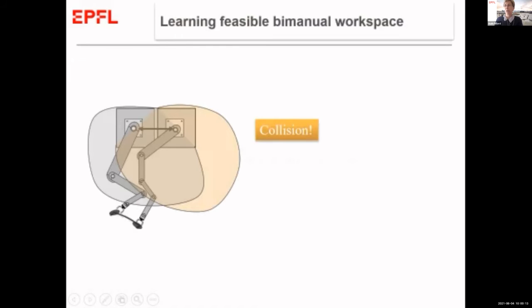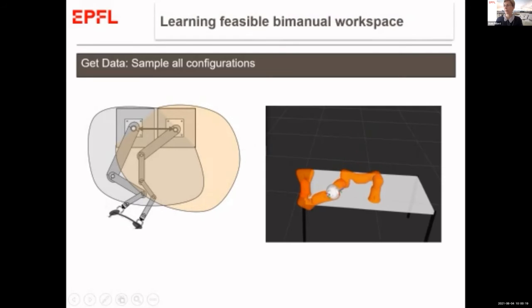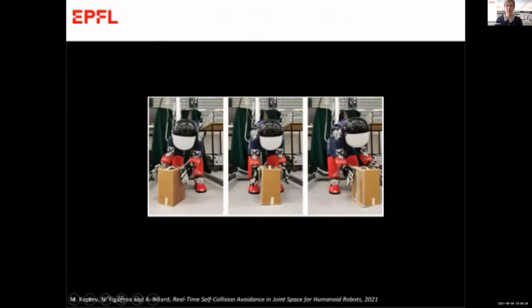You have collisions of this type, typically, when you have two robotic arms and they have to move together, then you may want to learn to avoid each other. Okay? And I'm just jumping directly to humanoid control. You have the same when you want to control humanoid motion to pick up a box like this.